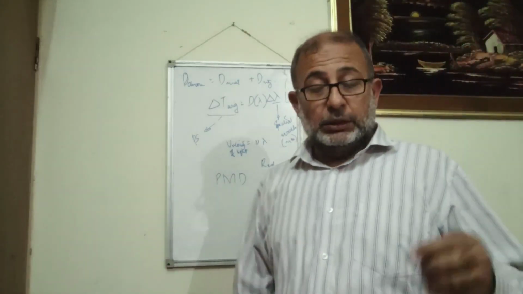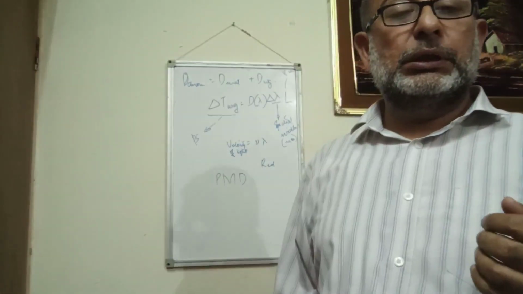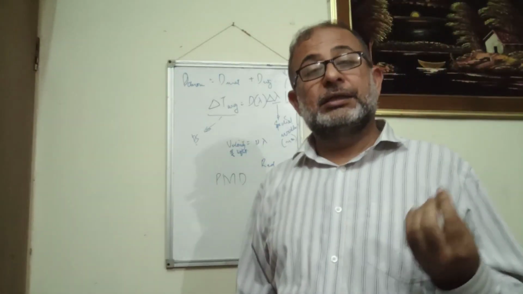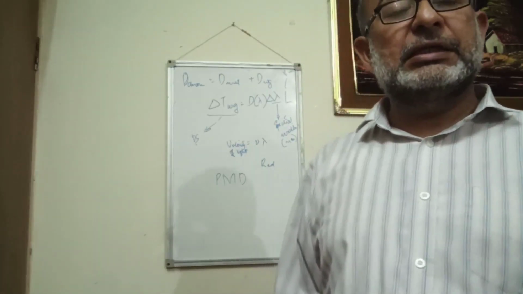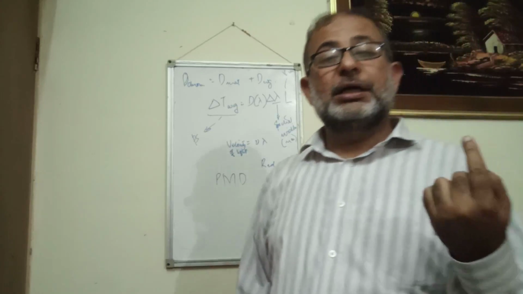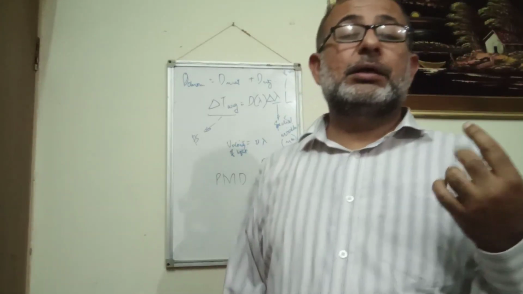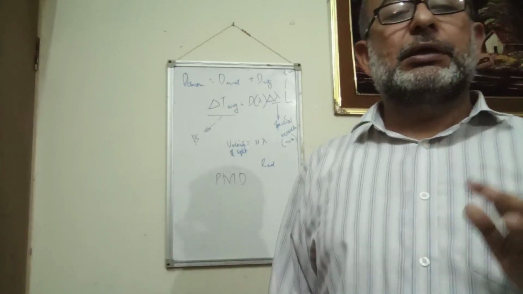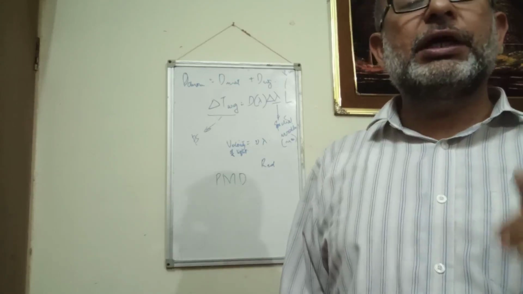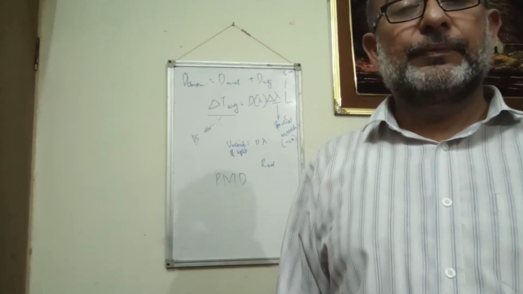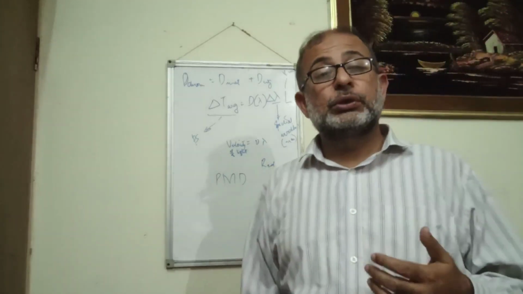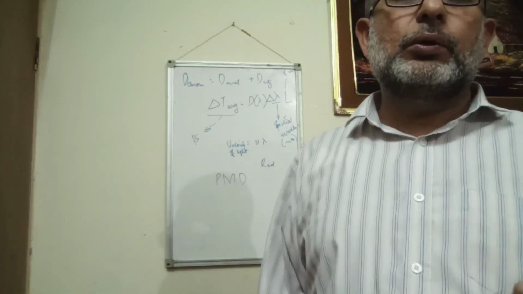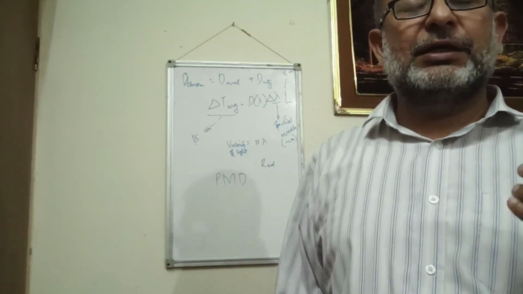What happens is that when the light travels through the fiber, it has its electrical field intensity vector in one direction, while it has another part of the same signal orthogonally placed. When both of these pass through the fiber, they might undergo two different refractive indices.